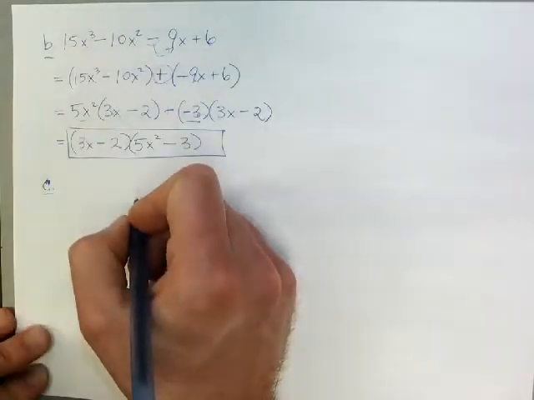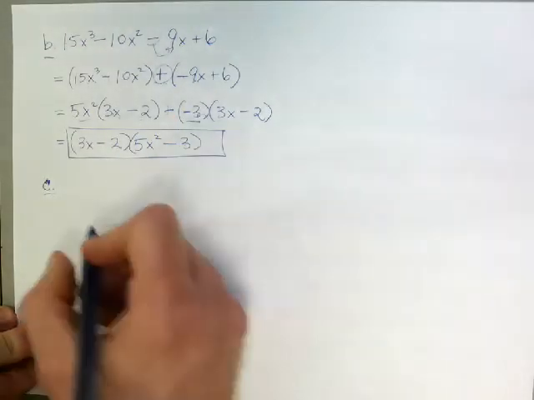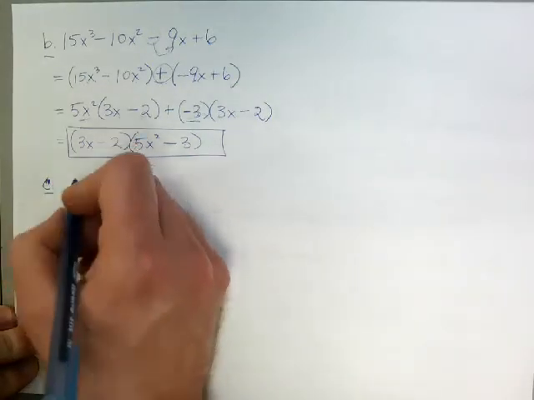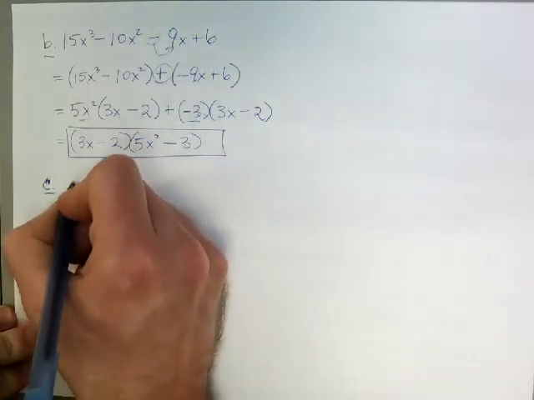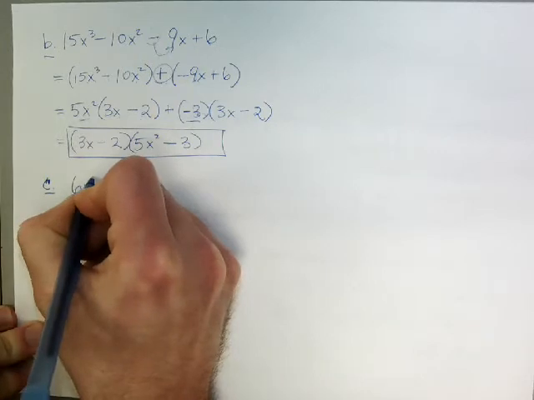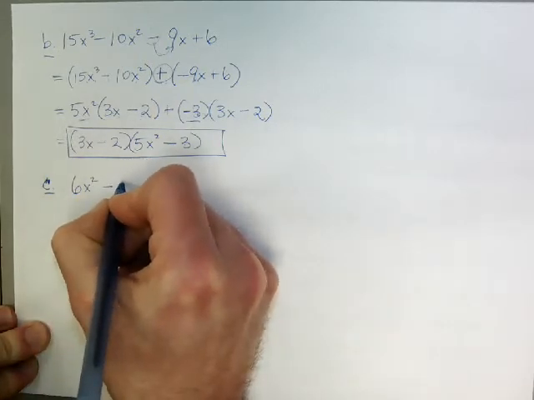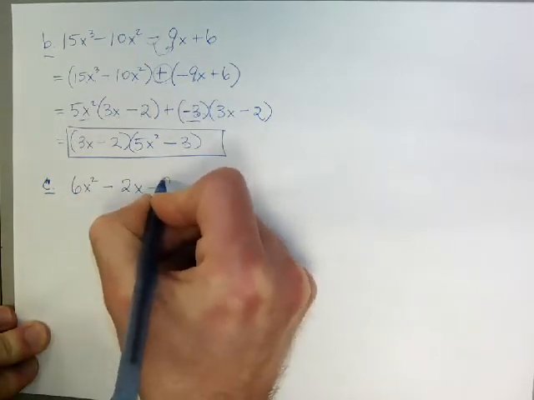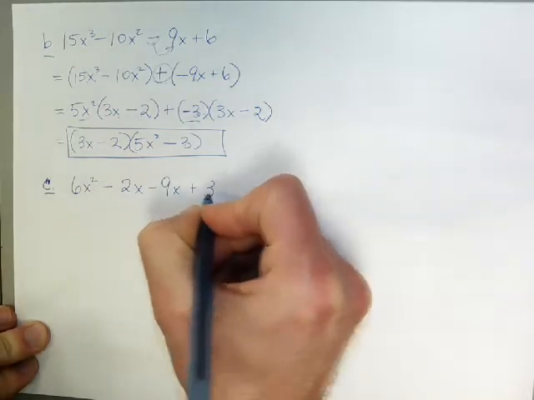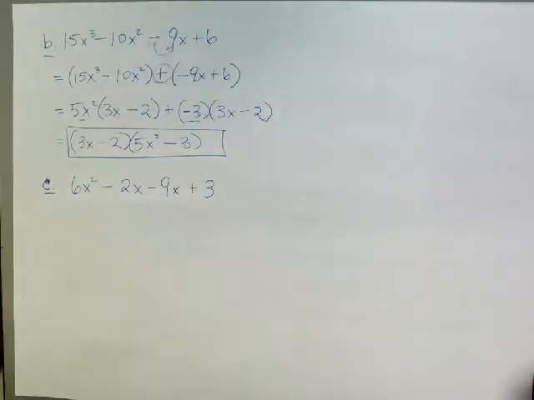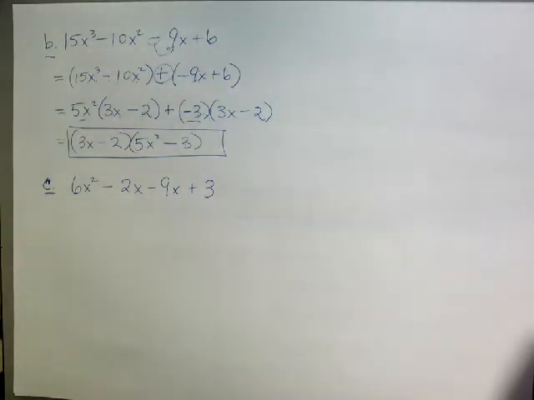So finally, here's the example for you to work on. So let's do 6x squared minus 2x minus 9x plus 3. So now pause the video and try to work this out on your own. When you're ready, play again and we'll go through the answer.